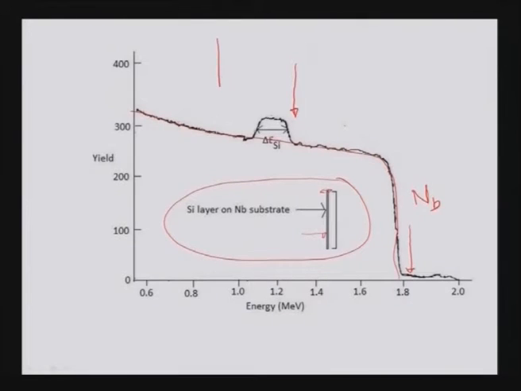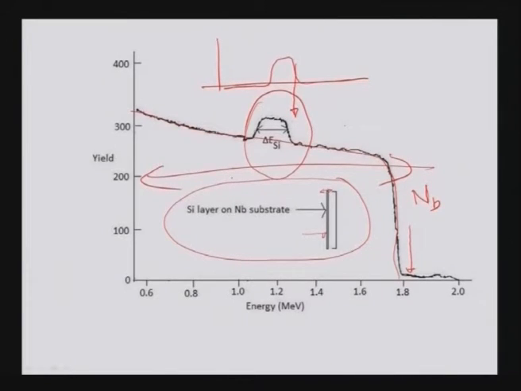If it were simple bulk silicon, it would have started here and gone further, but since it is a thin layer, it ends here. But niobium counts are already there everywhere from here to here, and at these energies you also have silicon counts. So, this silicon is riding on the niobium.